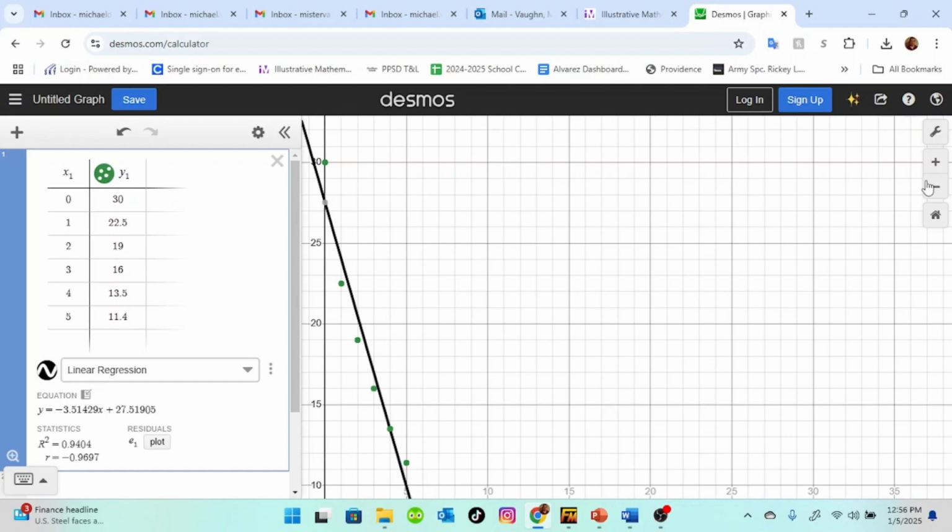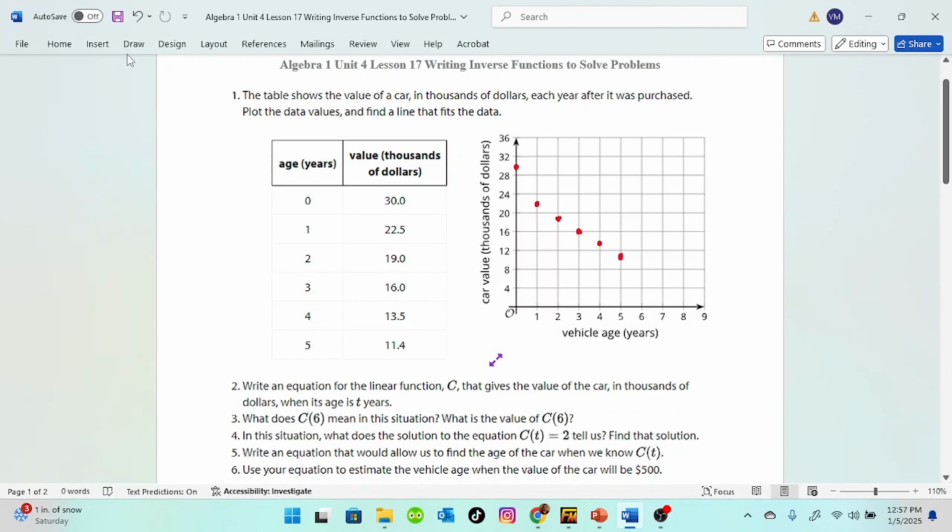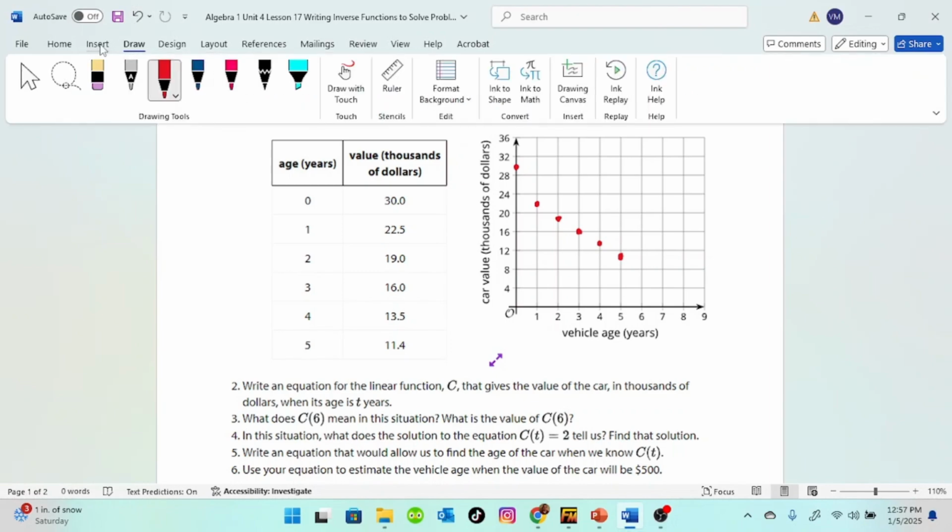And if we look at it, it looks like we cross the y-axis at about 27.5, and we cross the x-axis at about 7.8. So 27.5 and 7.8 come into here.